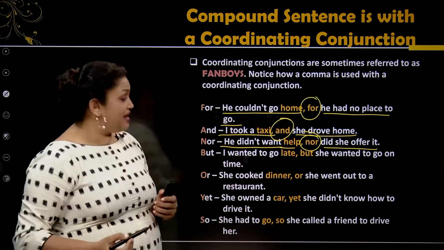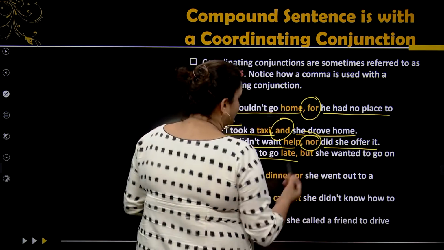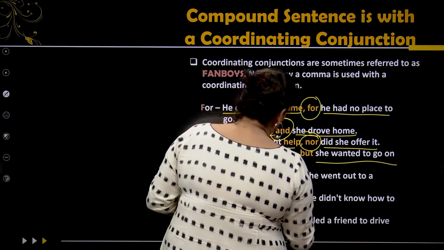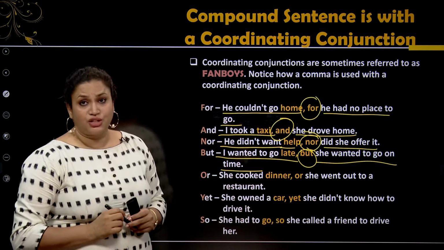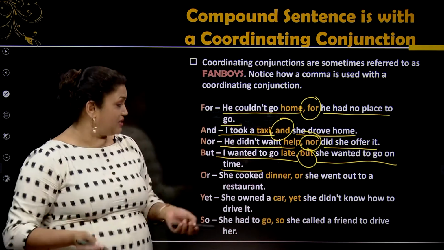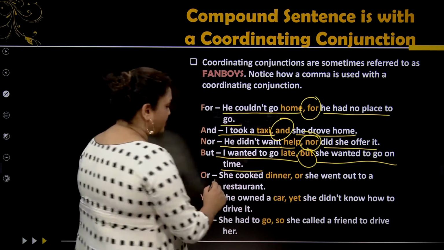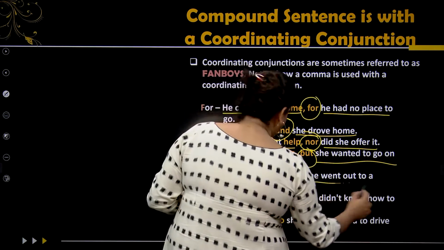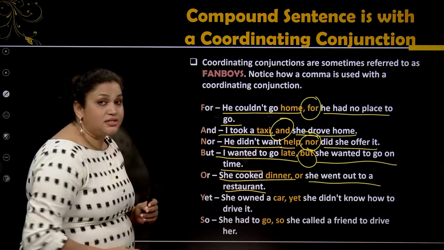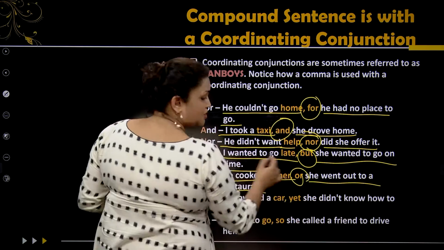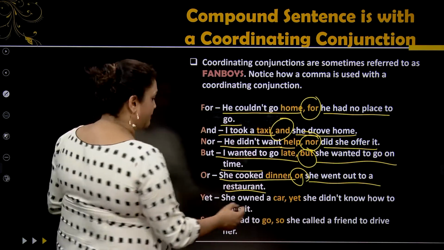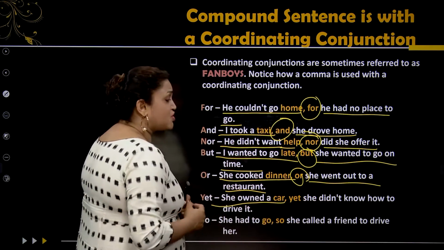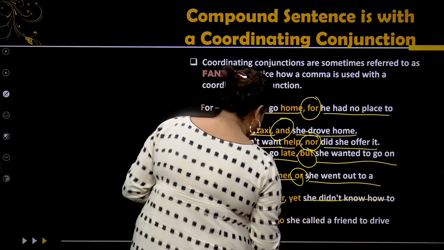Let's go to the next one. I wanted to go late. She wanted to go on time. There are two independent sentences with a conjunction joining it. She cooked dinner, independent sentence. She went out to a restaurant, independent sentence. It is being joined with a conjunction or. Right. The next one is she owned a car. That's an independent sentence. She didn't know how to drive it.